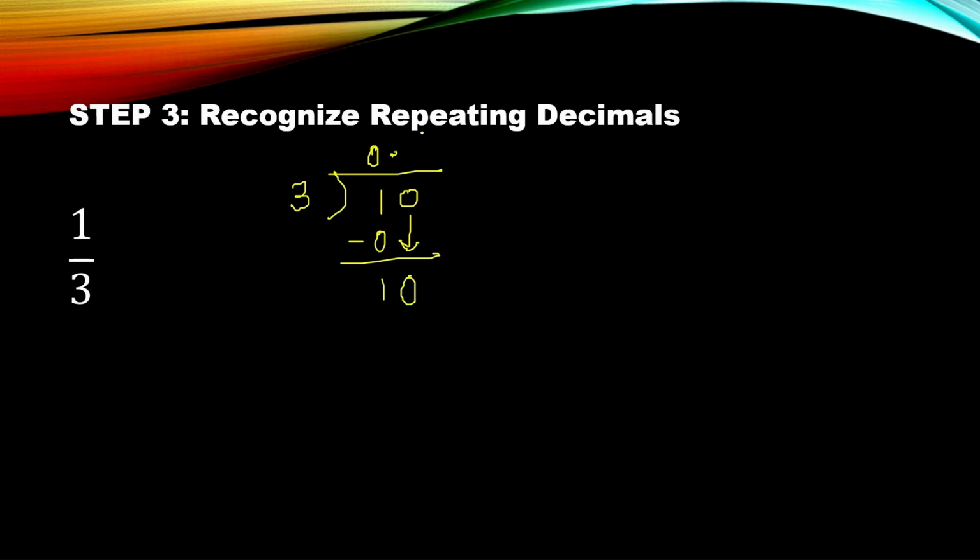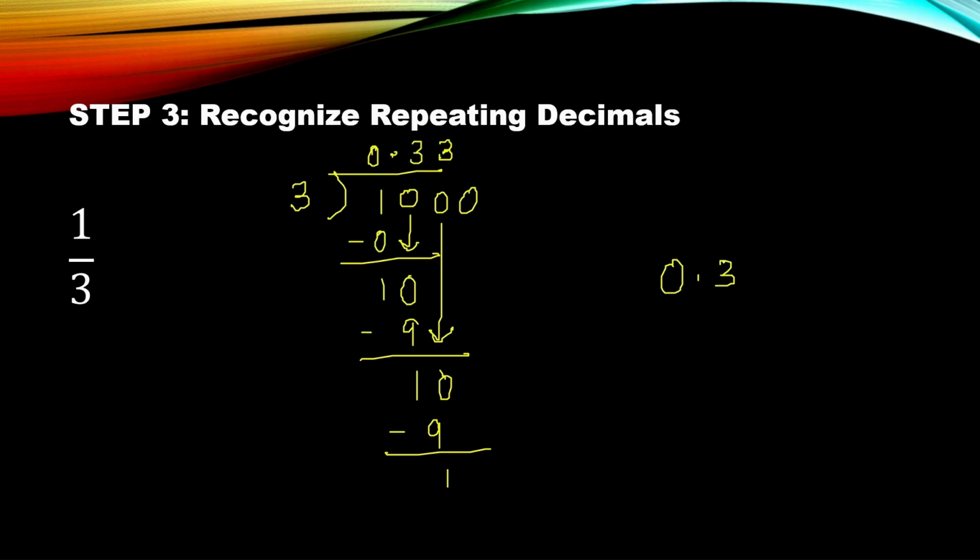It becomes 10. Now 3 threes are 9. Subtract, we get 1, again 0, again 3 on the top and it becomes 9. This will go on forever. It is called a repeating decimal. To show you are a math pro, you don't write infinite 3s. You just write 0.3 with a line over the 3.